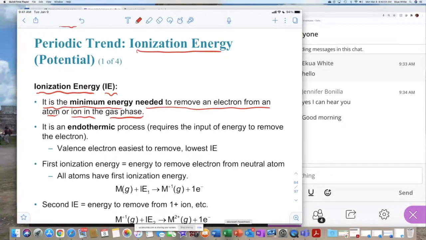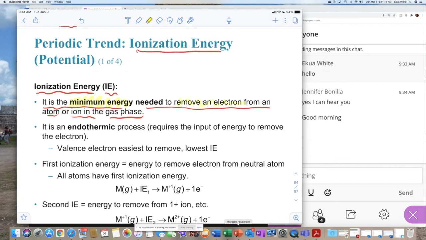So we're being told ionization energy is the minimum amount of energy. That means that if you're trying to remove an electron, there is some kind of requirement, a prerequisite, right? That prerequisite here is that minimum amount of energy that must be applied to the atom to remove the electron. And our goal here is to remove the electron.